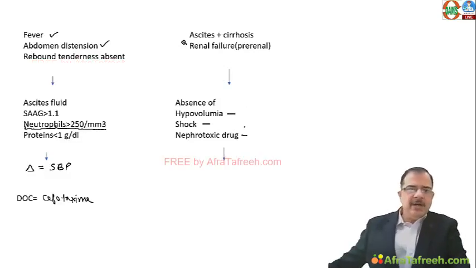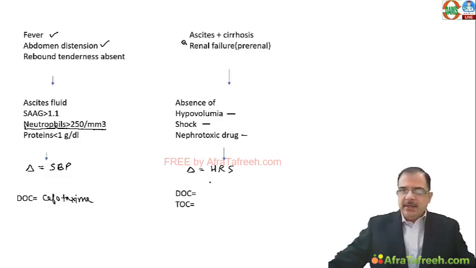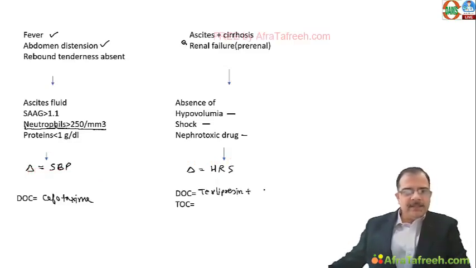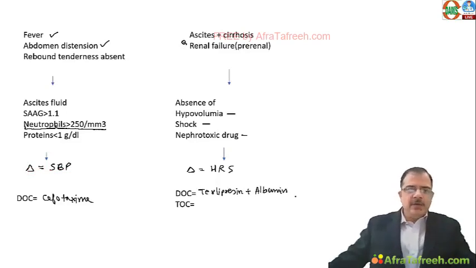Yes, our diagnosis here will be hepatorenal syndrome, HRS. What is the drug of choice? The drug of choice here is a vasoconstrictor drug, terlipressin, plus albumin. This is what we will give for the management of hepatorenal syndrome.